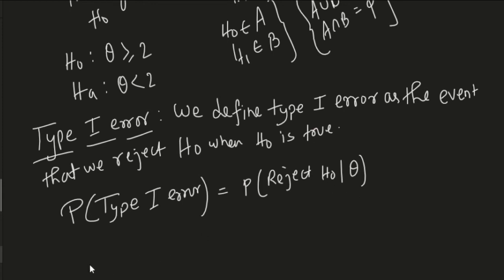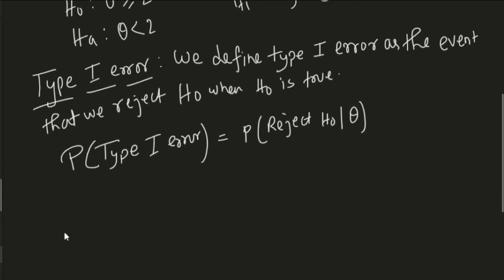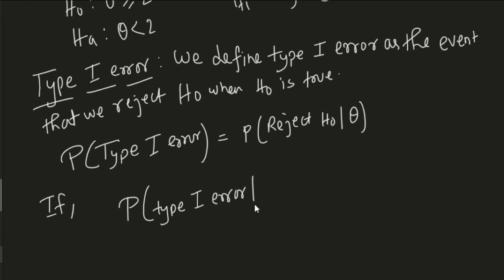Now, one more thing is level of significance or significance level, which is usually denoted by alpha. So we set a significance level beforehand for our test, and we say that if, okay.